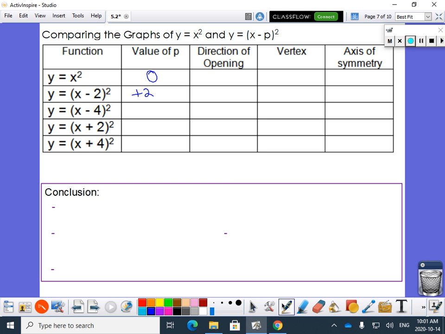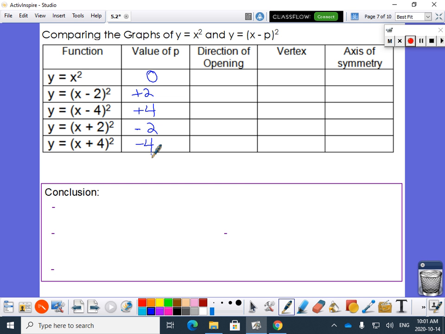So having said that, +2. Good. Honestly, if that part's confusing, just memorize it. It's the opposite. If there's a plus inside, the p is really negative. If there's a negative inside, the p is really positive. Okay?